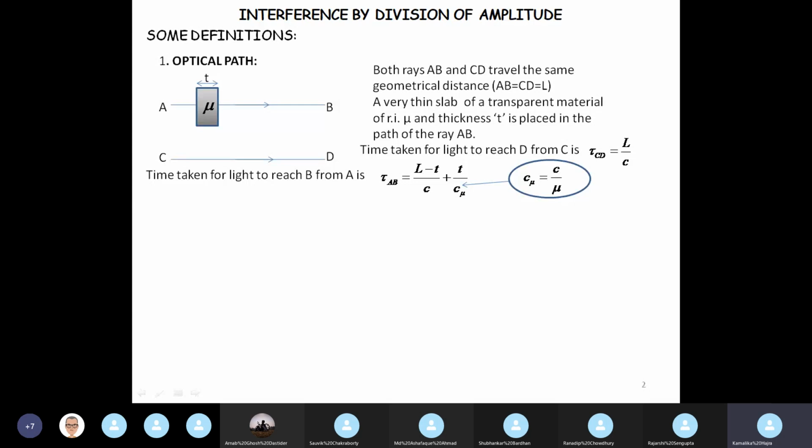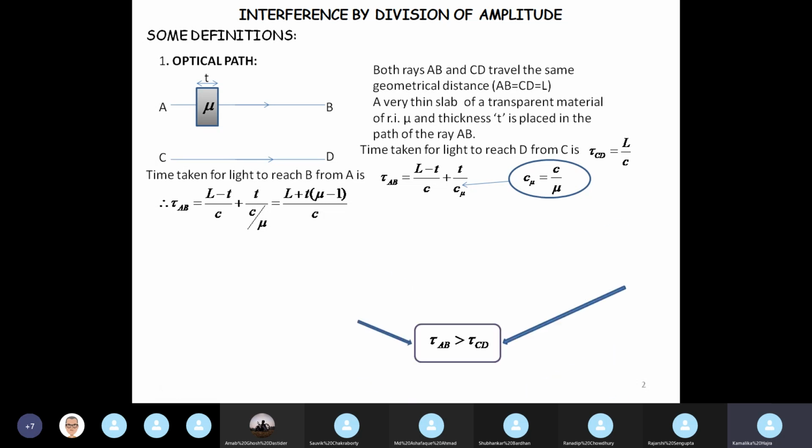So replacing c suffix mu by c by mu, we get tau AB equal to (L minus T) by c plus T by (c by mu). So mu goes up, and the denominator becomes c, and we get (L plus T into (mu minus 1)) whole divided by c, right?